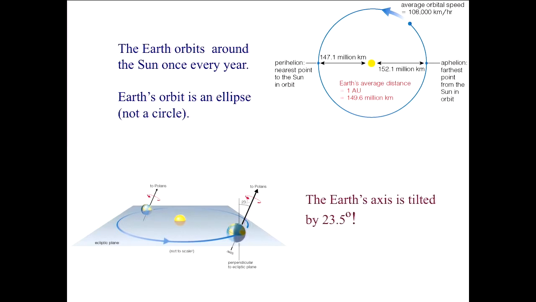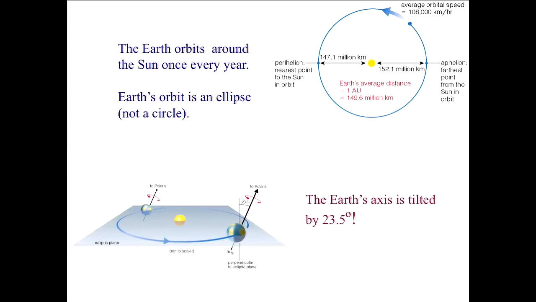There's the sun, and then of course, there's the Earth with its spin axis tilted 23.5 degrees from perpendicular to what? Well, perpendicular to its orbital plane, the gray ecliptic plane.